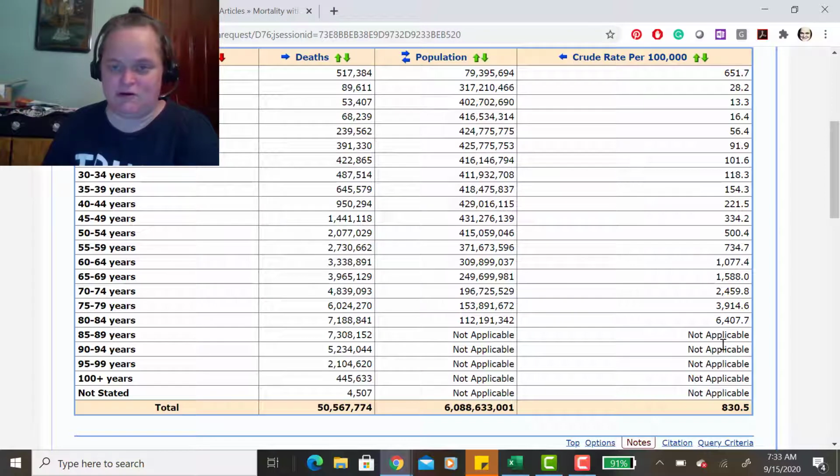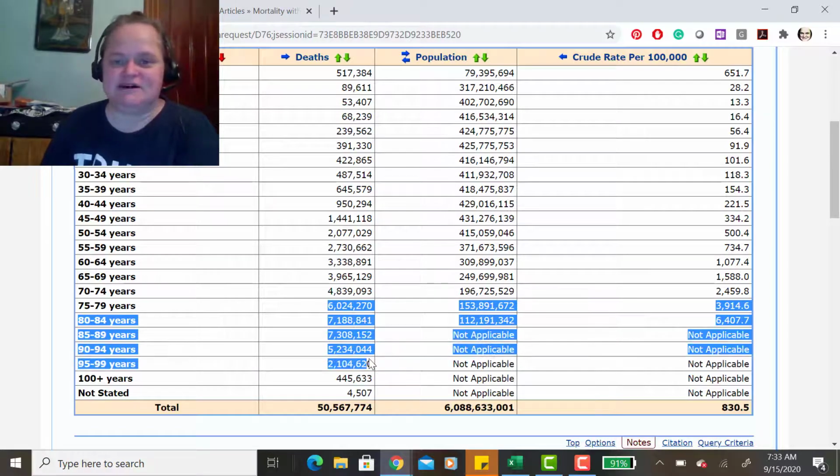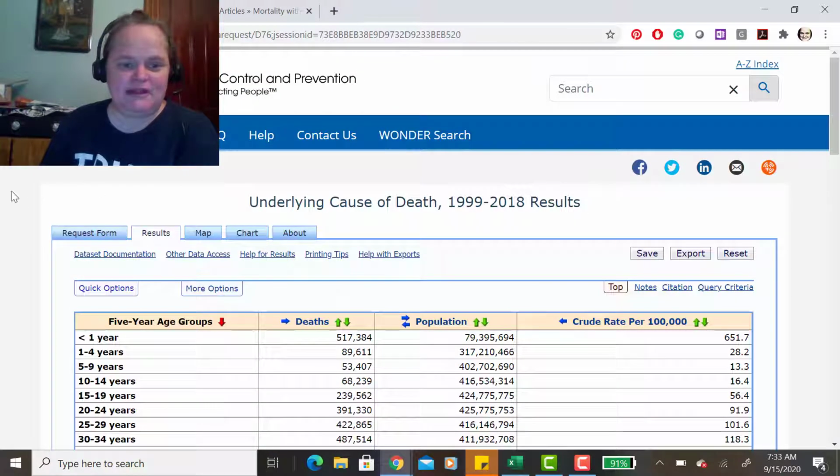They don't give it for over age 85. But you can see there's more people dying or have died over age 85 than 80 to 84. Okay? People are living longer. Most people die over age 75.